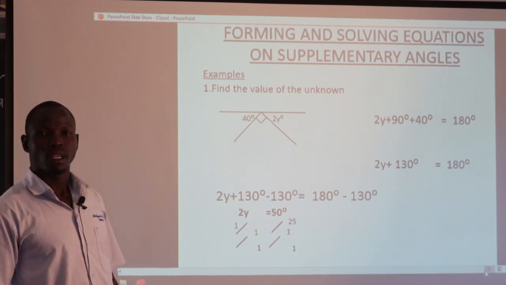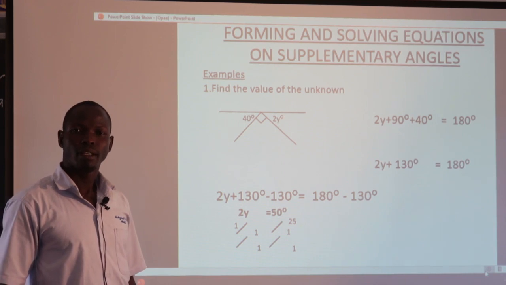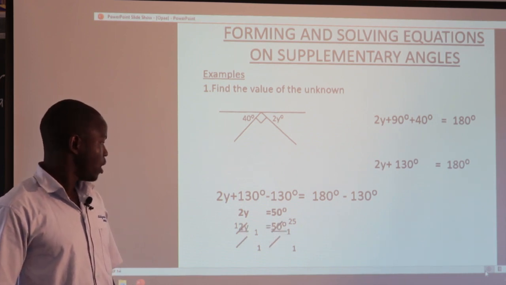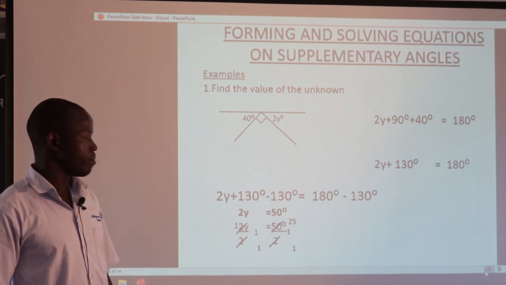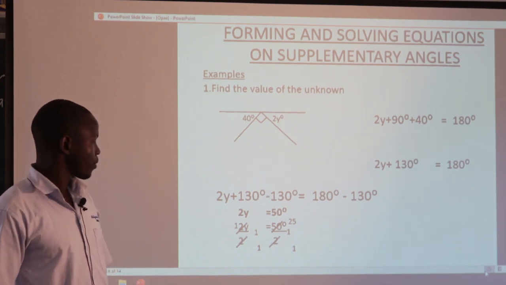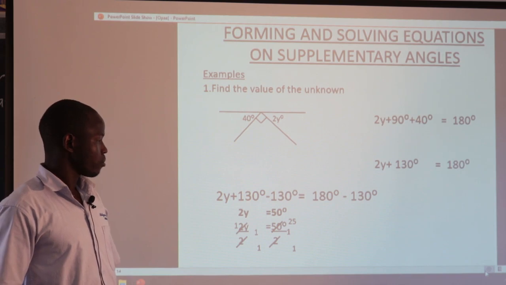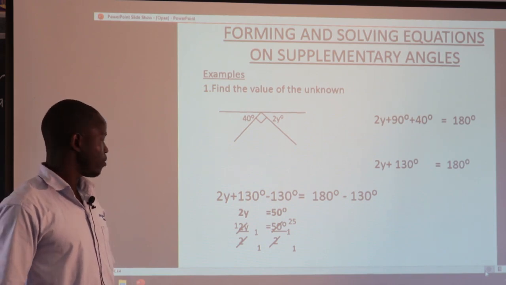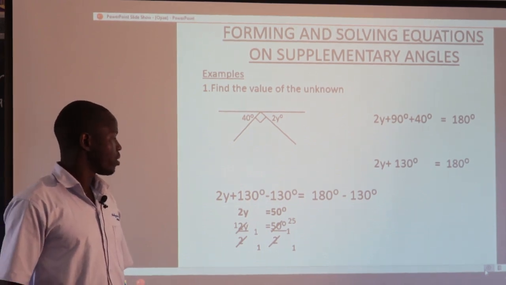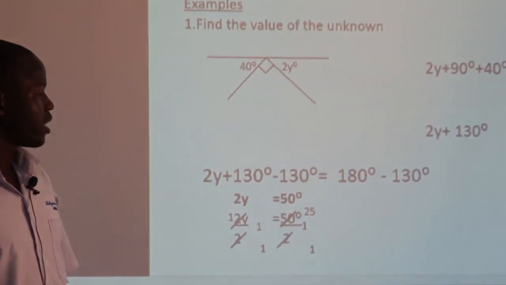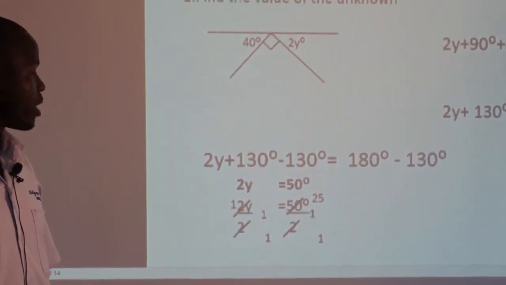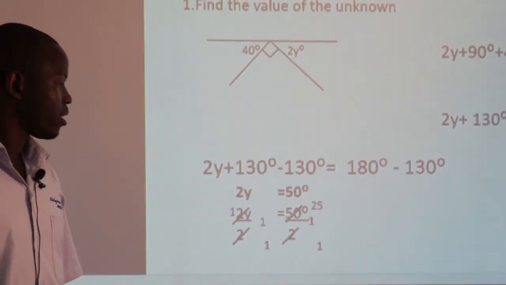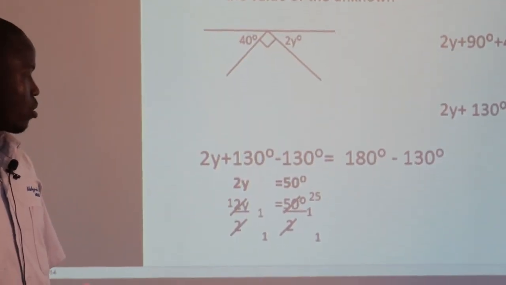And then we shall now need to divide by the coefficient. You can see we have divided in that step by cancellation. We have 2 divided by 2, 1. The other side, when we divide 50 degrees by 2, you get 25 degrees, and the 2 divided by 2 is also 1.